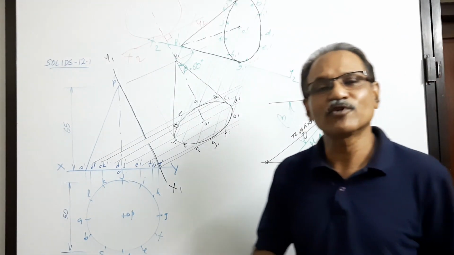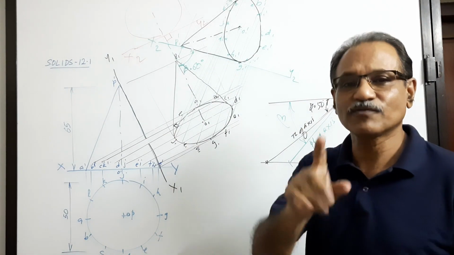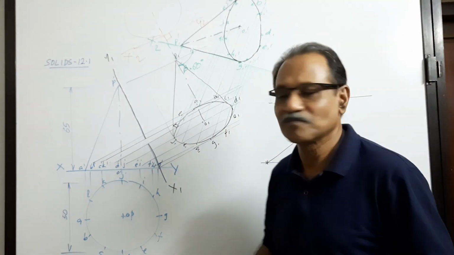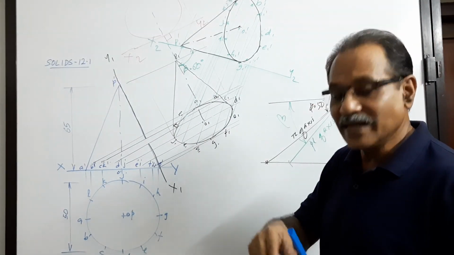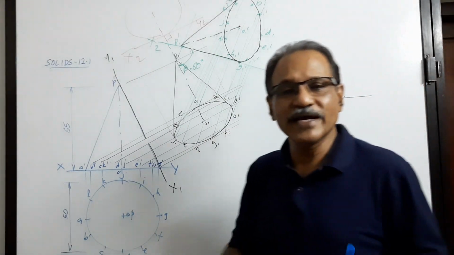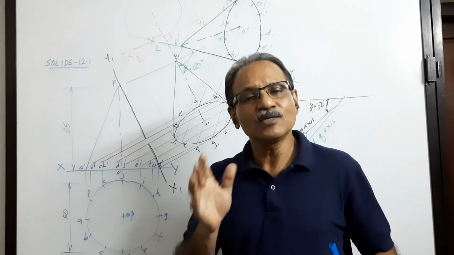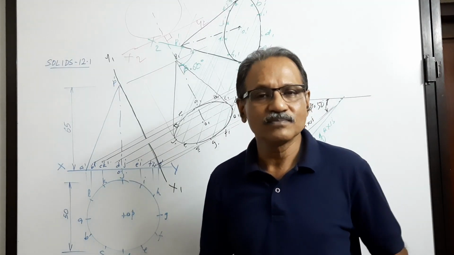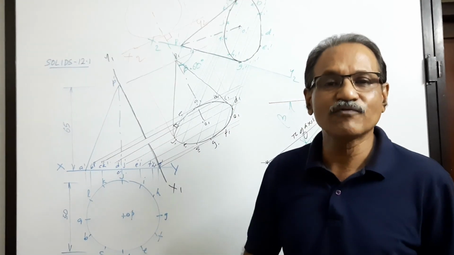Such a question came for Kerala University some 20-25 years back. I saw it for the first time then. I don't know whether it was repeated. So, the axis is in the profile plane. In that question, you were asked to find the inclination of the axis to VP. When a line is in the profile plane, theta plus phi is 90. Here the axis is in the profile plane, so theta plus phi of the axis is 90.